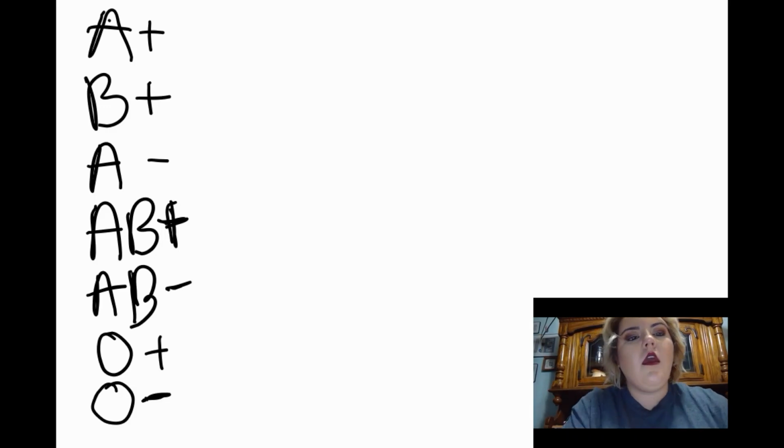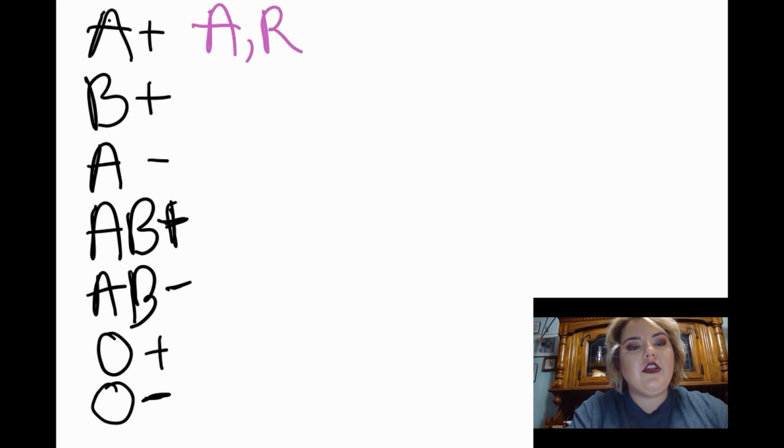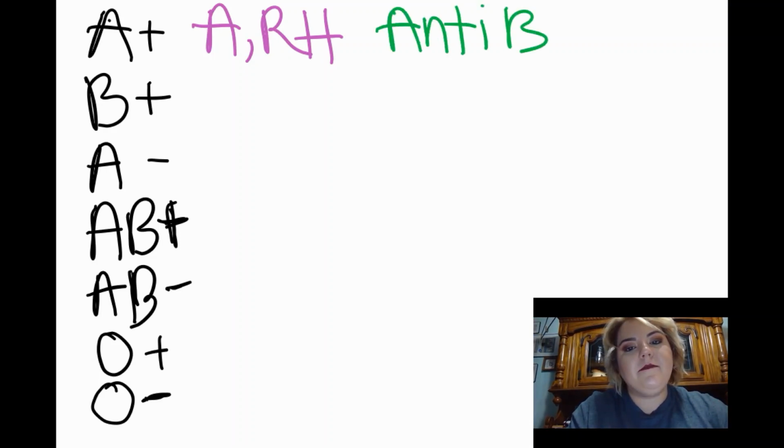Okay. So for A positive blood, we're going to have A antigen and RH antigen. We're also going to have anti-B.